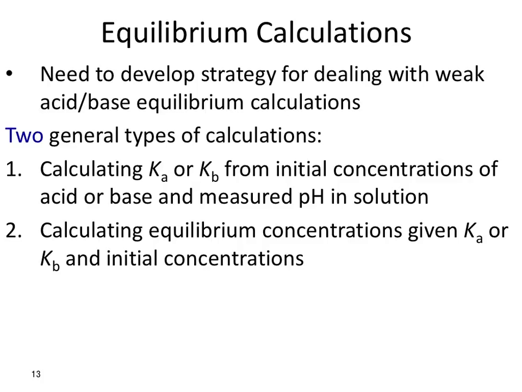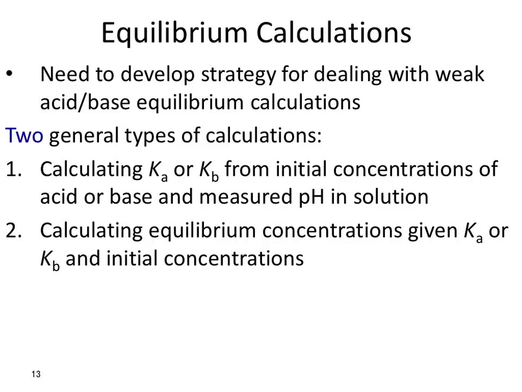Okay, so now that we know what all of that is, we sometimes have to do calculations for finding this, not just as simple as what we have been dealing with. So we need to find a strategy for dealing with weak acid-base equilibrium calculations. There's two general types. The first is calculating Ka or Kb from the initial concentration of acid and measuring the pH.